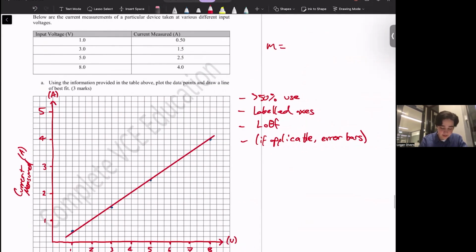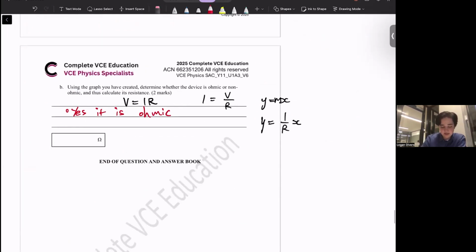Rise over run. That will be 3.5 over 7, which is 1/2. Now, you might be tempted to say that the resistance is half an ohm.